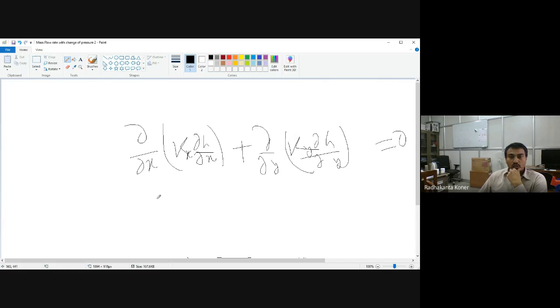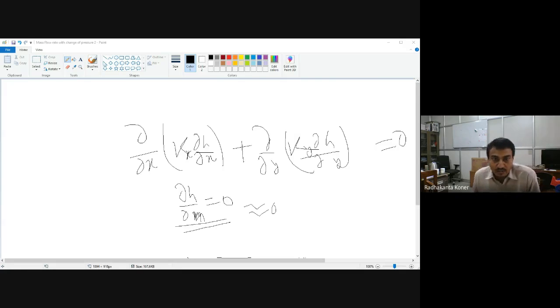If there is a no flow boundary, then del h by del n, in the n direction, would be zero. That indicates there is no flow in that n direction. Otherwise h is a constant.